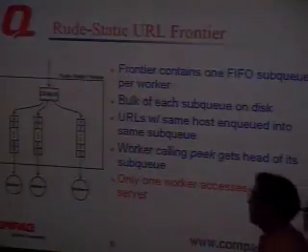So each worker dequeues from its dedicated queue, and when new URLs are added, the frontier looks at the host component of the URL and checksums the host component in some fashion. For instance, it could compute a fingerprint of the host, and then modulo this by the number of threads in the system. So each host will be enqueued into the same FIFO queue.